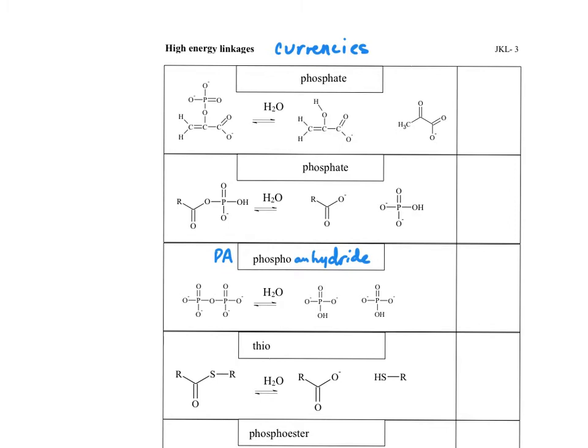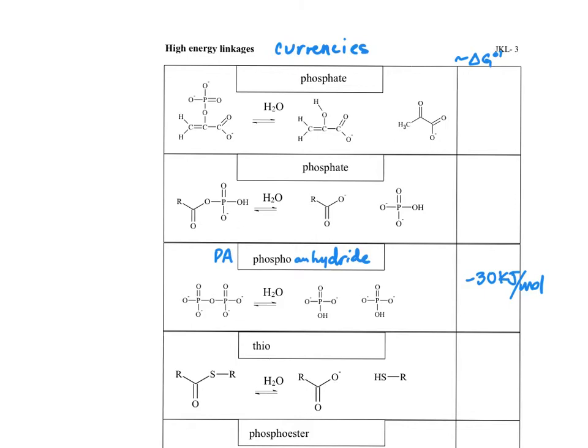So if we break any phosphoanhydride, its delta G naught prime, let's make a column over here, delta G naught prime. I'm going to put an approximate there because every phosphoanhydride is different, but they all are going to have roughly 30 kilojoules per mole, and it's going to be negative when we split it.